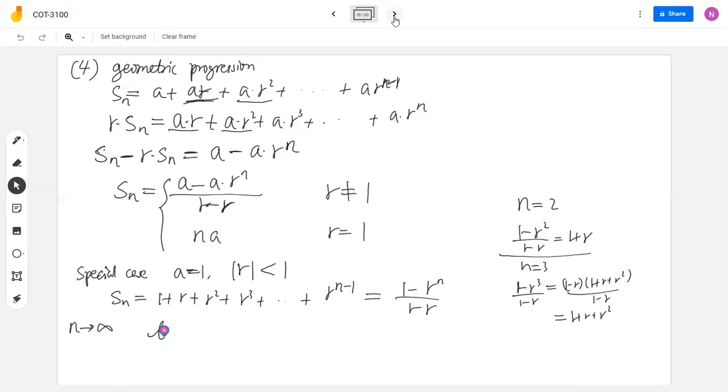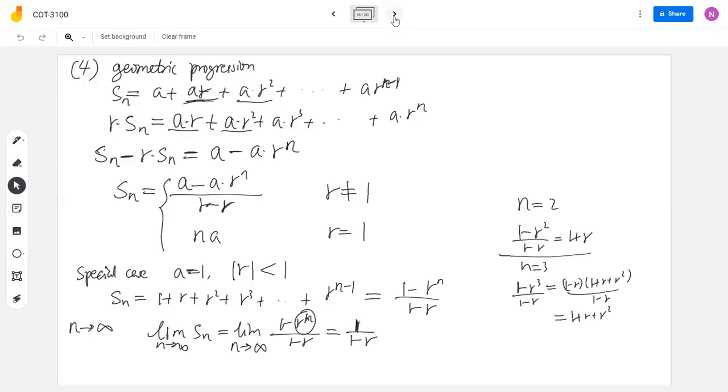Limit as n goes to infinity of Sn equals the limit as n goes to infinity of 1 minus r to the n divided by 1 minus r. Because the absolute value of r is less than 1, this term goes to 0. So what you're going to get is 1 over 1 minus r. It's a very nice formula.